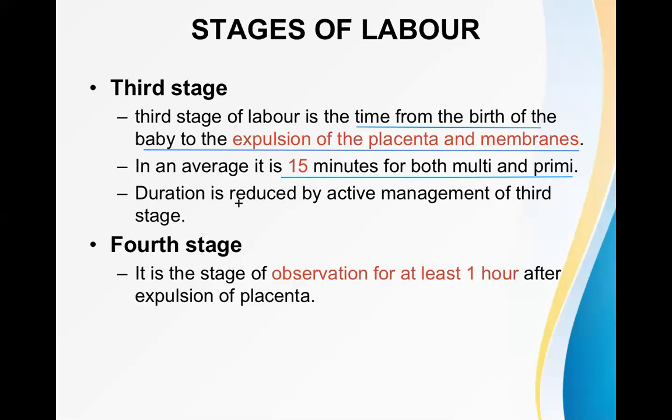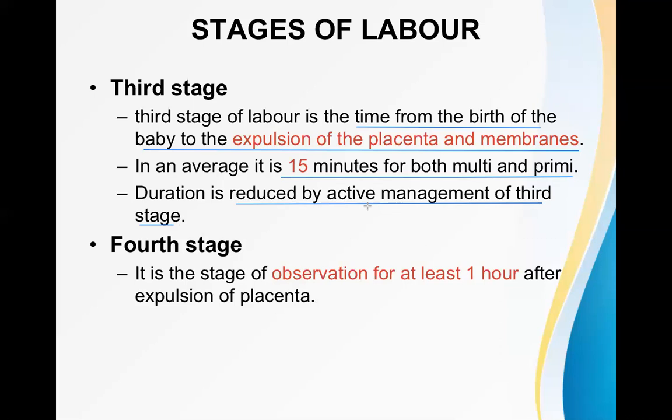Duration is significantly reduced by active management of the third stage of labor. We'll talk about this during the management of labor class, a very important class, in the coming classes. So what do you mean by that? After the baby is delivered, we don't wait for 15 minutes for the expulsion of the placenta and membrane.